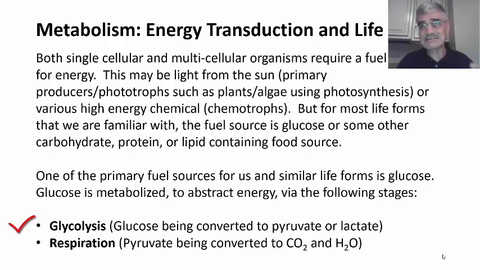Basically, in glycolysis, a 6-carbon molecule, glucose, is split into two 3-carbon molecules, either pyruvate or lactate. And in the process we call respiration, we will see that the 3-carbon molecules, like pyruvate, are further broken down into carbon dioxide and water. In each of these processes, we extract energy that we need to do other types of work.